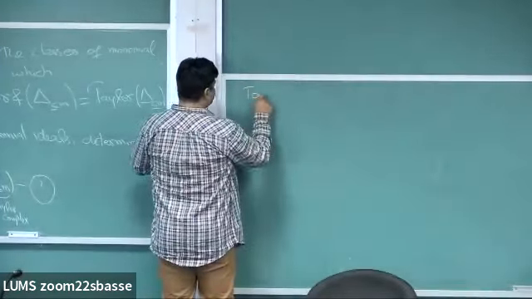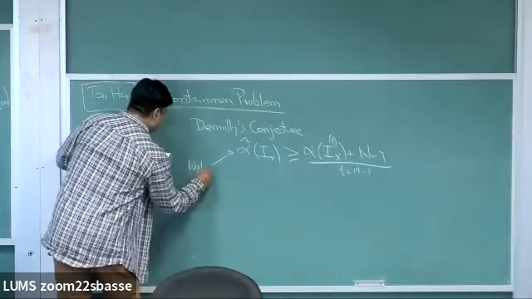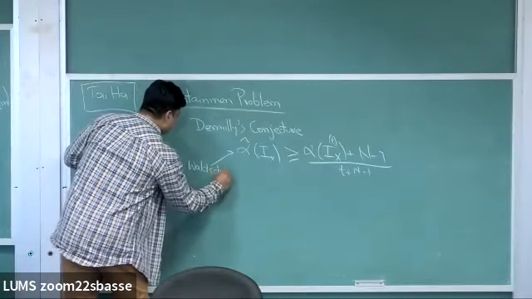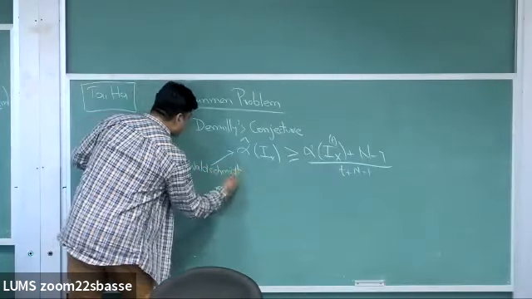and t plus n minus 1, where this is the Waldschmidt constant. And this is defined as the limit as m approaches infinity of alpha of I^(m) over m.